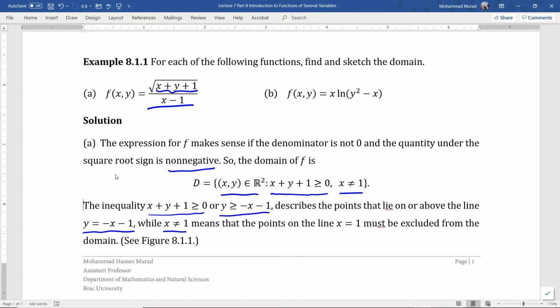That means that points on the line x equals 1, a line parallel to the y-axis, must be excluded from the domain, as shown in the figure.